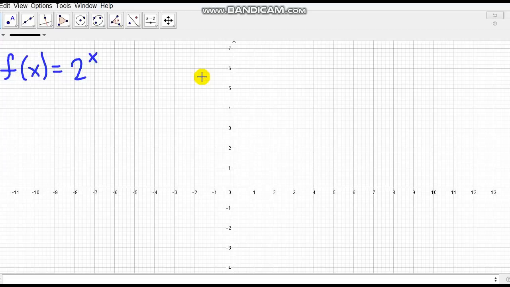Okay, let's graph some functions. Let's have f of x is equal to 2 raised to x. This is the graph of the function. Now let's see what will happen if we add 1 on x.